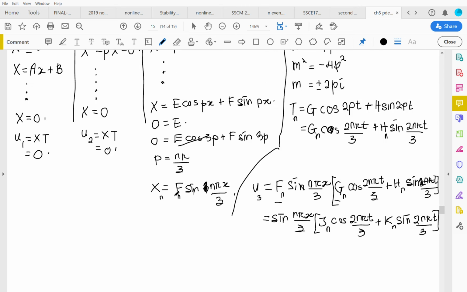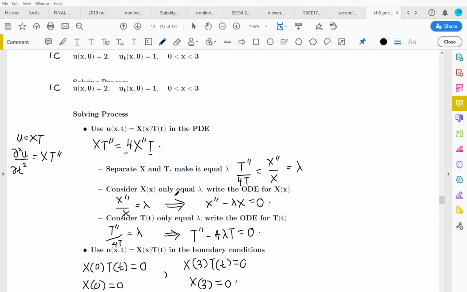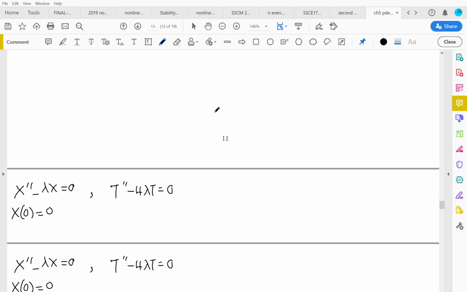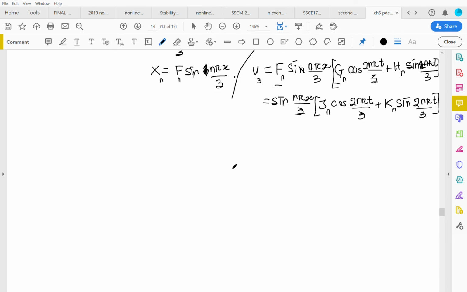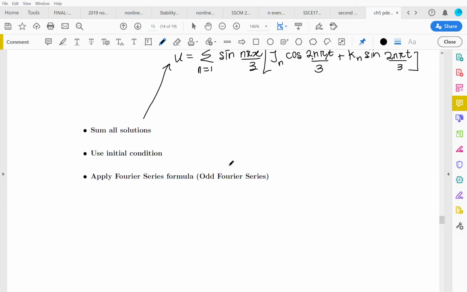From the question, the first one is u at t equal to 0 equal to 2. The second one is ut, or del u del t, at t equal to 0 equal to 1.